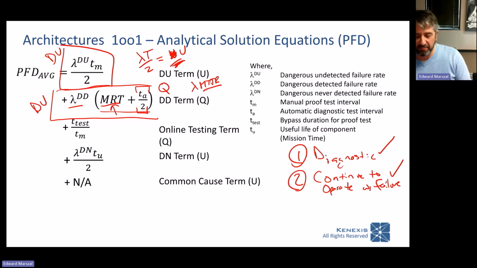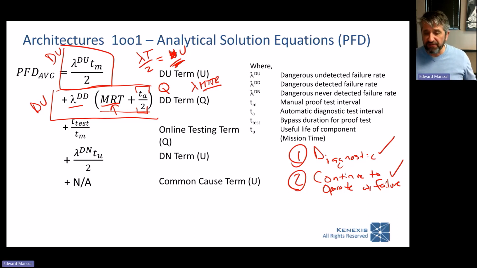What does that mean? Well, there's a certain amount of time that elapses between when the failure occurs and when you know that the failure is present. And that is going to be a function of how often you do the test. So on average, you will be in the failed state for half the time that it takes you to know that the failure has occurred, or half the time that it takes to perform a test.